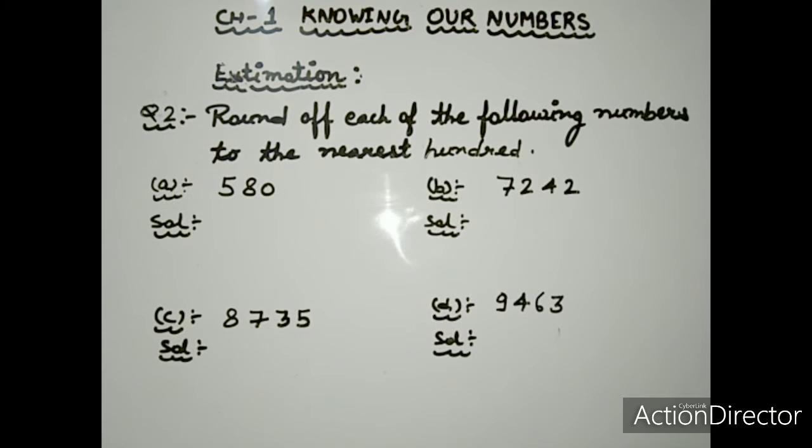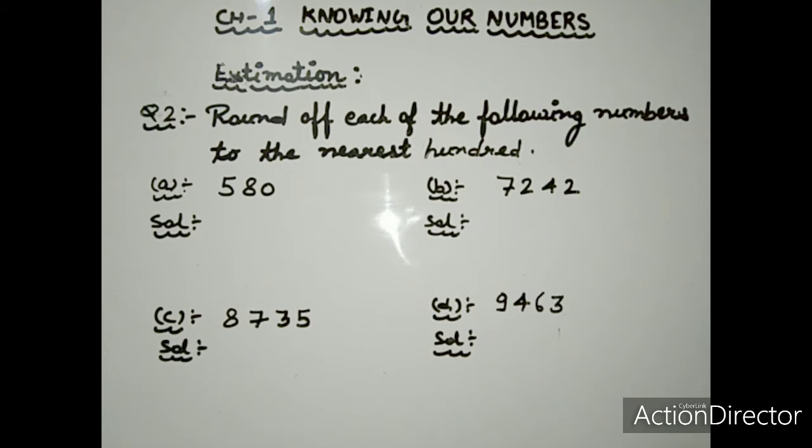So now students, here we will round off each of the following numbers to the nearest 100. When we find numbers nearest to 100, we apply two rules. First, replace each of the digits at tens and ones place by 0, and keep all other digits as they are, if the digit at tens place is less than 5.